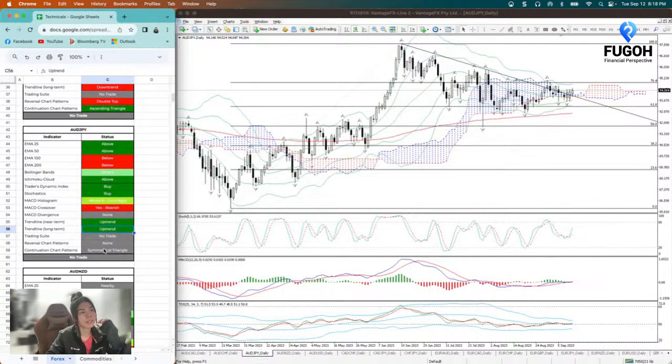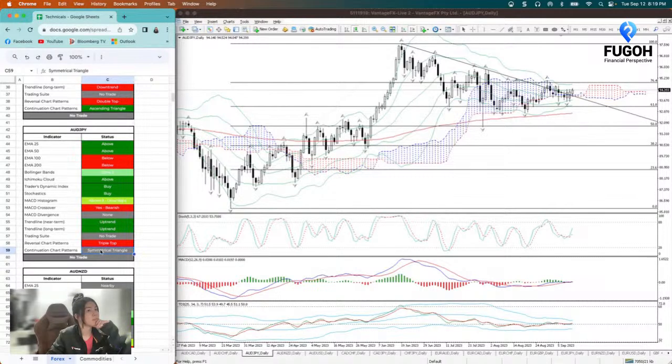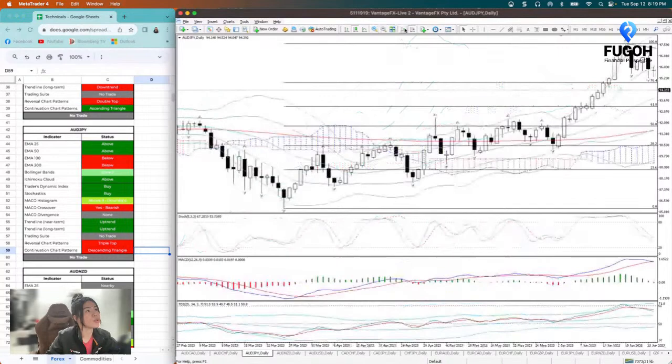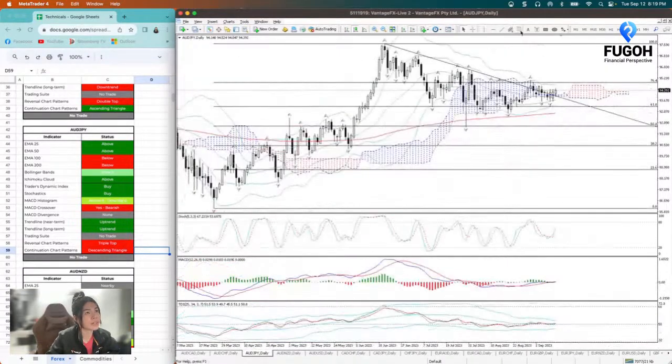Continuation pattern. We have actually a triple top here. That's a descending triangle. All right. So if I zoom in here, you could see that the price is struggling to break above this area, right?